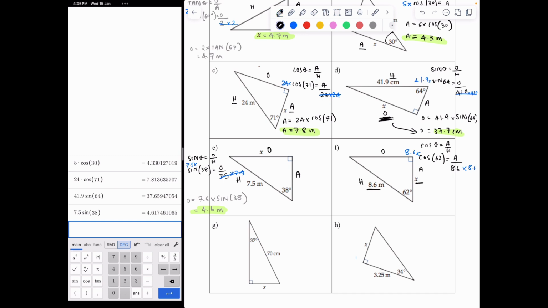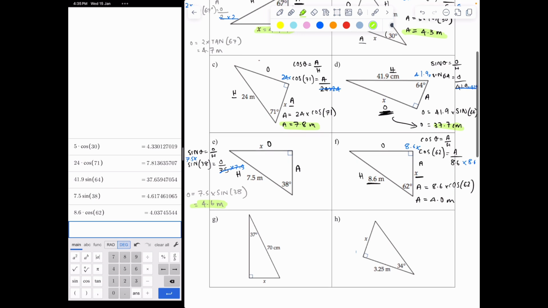Okay, writing that neatly, it's A equals 8.6 times cos 62. 8.6 times cos 62 is 4.0 meters.